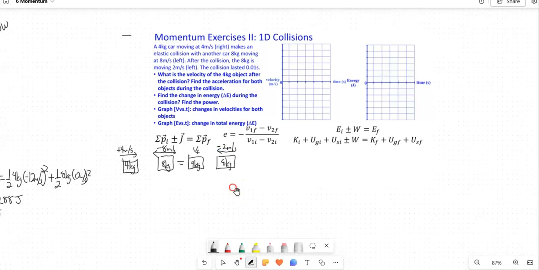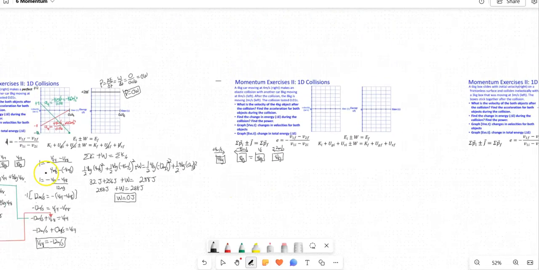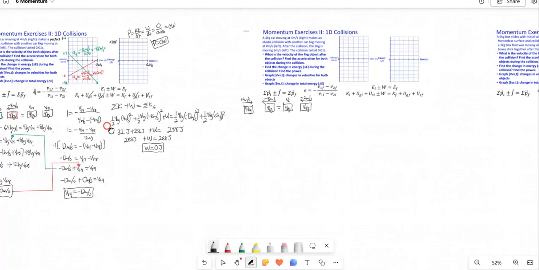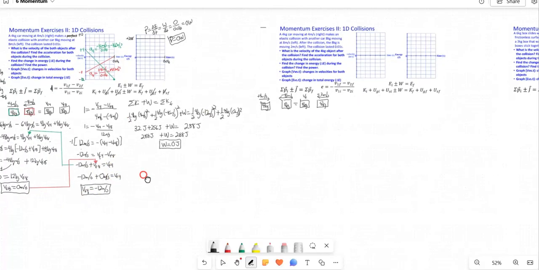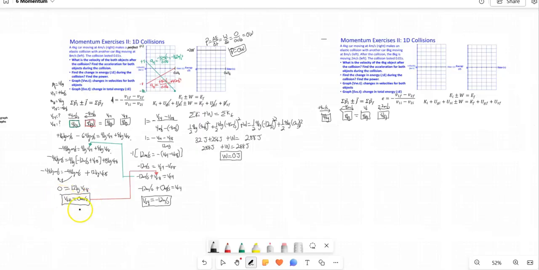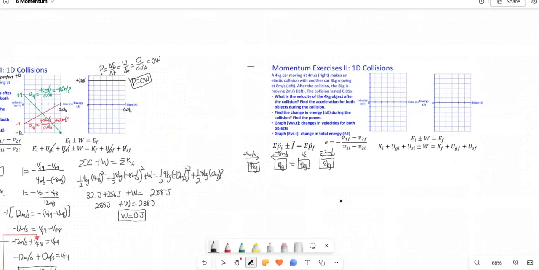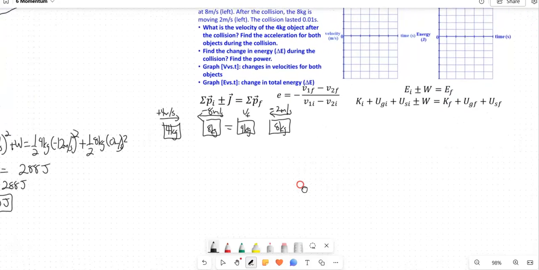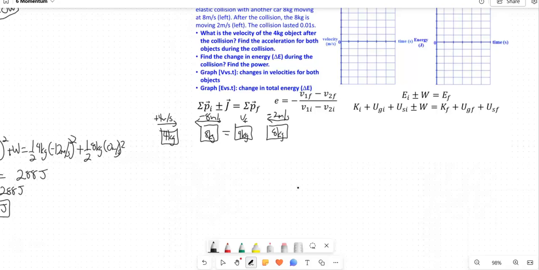Okay? So there is something wrong with this. Because we know if it's a perfect collision, that 8 kilogram object should have come to a stop. But this 8 kilogram object is still moving to the left.